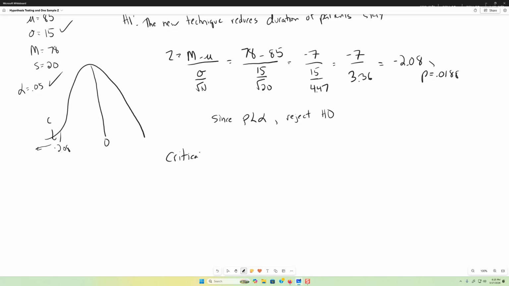We're going to compare our Z-scores to these critical values.